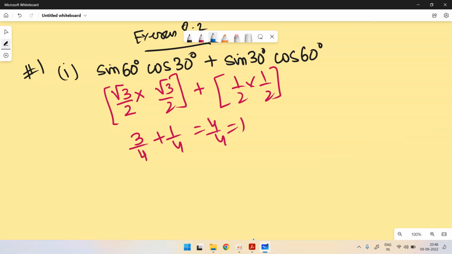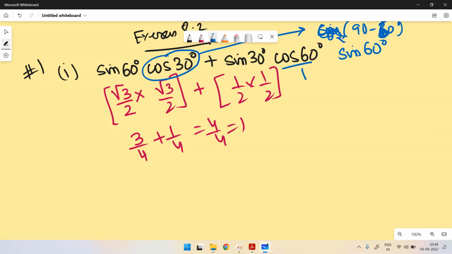Alternatively, cos 30 can be written as sine of 90 minus 60. Sorry, this is cos of 90 minus 60, which is written as sine of 60 degree.